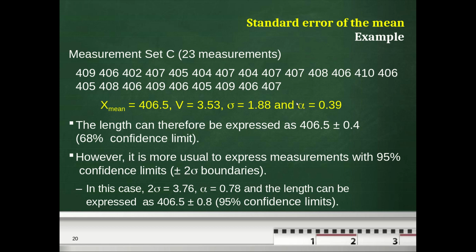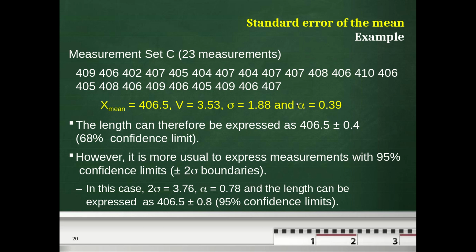Now maybe you can calculate alpha as higher or lower for the sigma. So 2 sigma equals 3.676, and alpha will be different for different values of sigma. So you may calculate it like this for the 95% confidence limit. This is from this table. Here we have 95% confidence, 1.96 for the confidence.